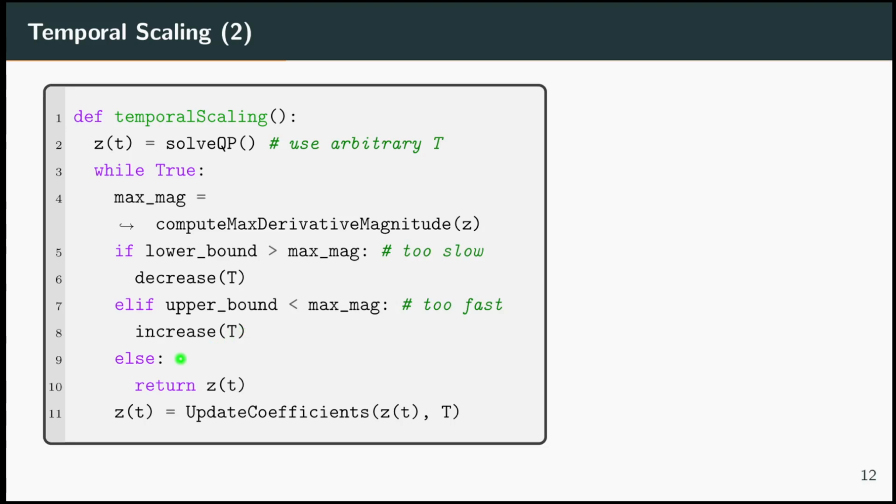And then if we are fine, so we are within our bounds, then we can just return. Otherwise, we update our coefficients, and that's why I showed you that this update is pretty easy, right? It's really just, if we have polynomials, dividing a few numbers and getting a new solution, and we repeat.